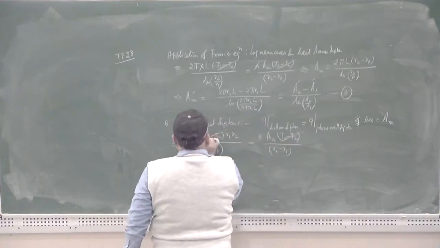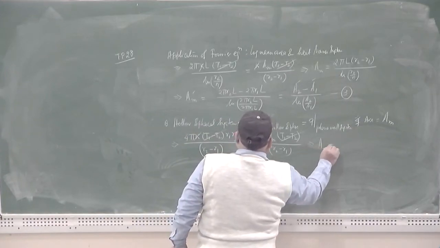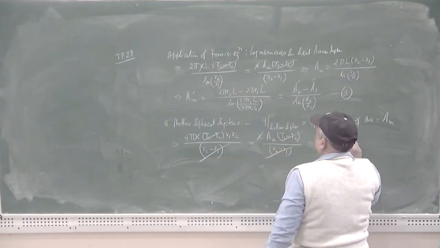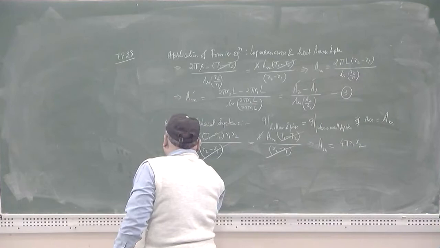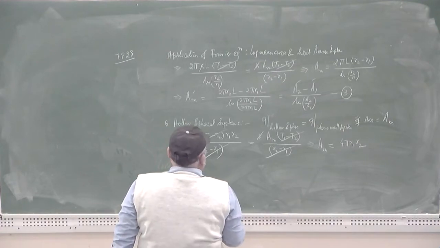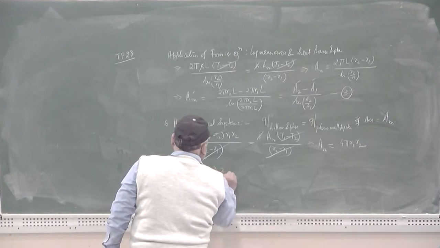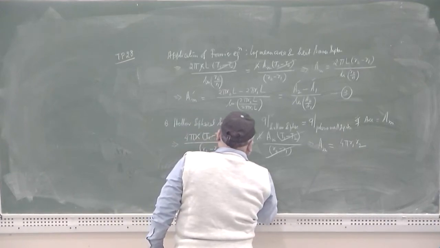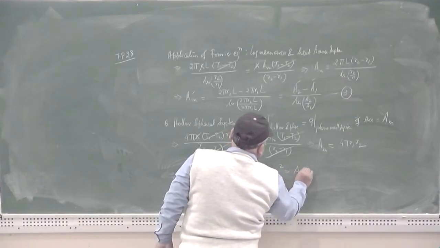This will get cancelled out, K will get cancelled out. So, the expression for AM comes as AM is equal to 4 pi R1 R2, or AM square is equal to 16 pi square R1 square R2 square, that is 4 pi R1 square into 4 pi R2 square, that is equal to A1 into A2.